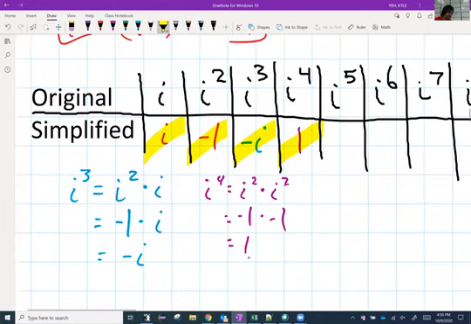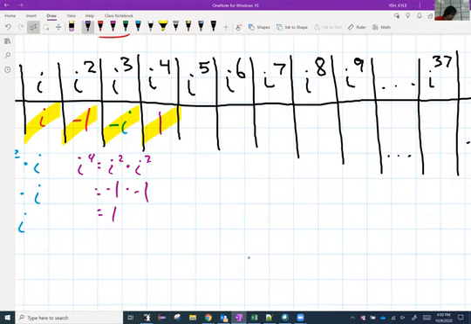Now check out what's going to happen with i to the fifth and the rest of the way, in all honesty. i to the fifth is equal to i to the fourth times i. What is i to the fourth? 1. 1 times i is just i, right?